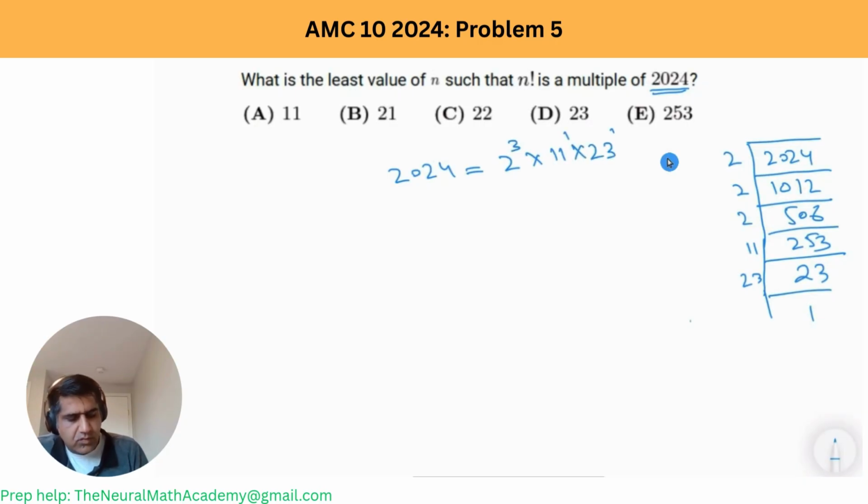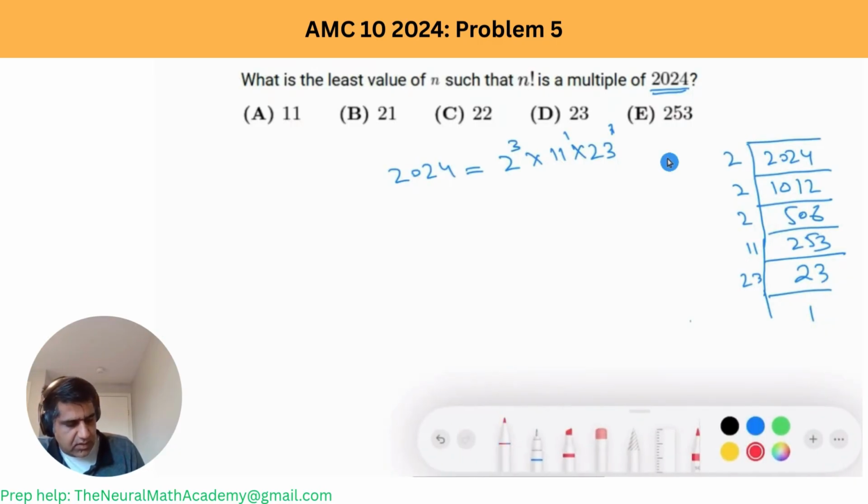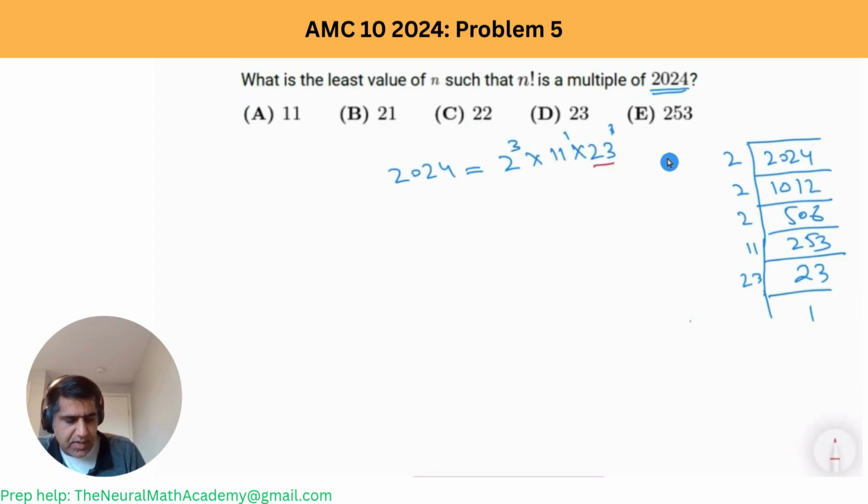Now for n factorial to be divisible by 2024, it is required to have at least all of these prime factors with the same power as they are appearing in 2024. Therefore we need 23 appearing at least once, 11 once, and 2 at least 3 times. As we know, 23 is a prime number.